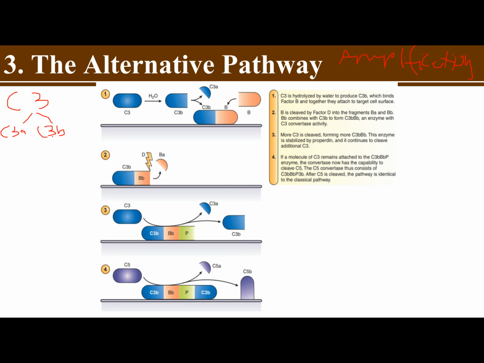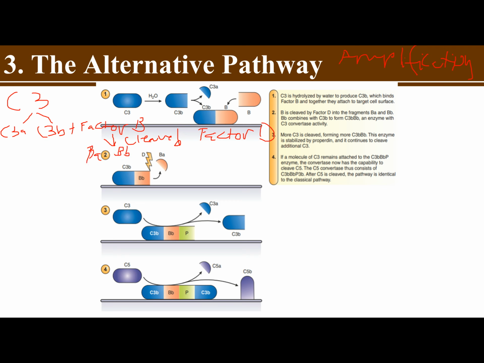Now we don't care about C3A, let's just focus on C3B. Now what happens with C3B, class, is that it would attach to your factor B. When it is attached to your factor B, factor B would now be cleaved by factor D. And again, pag cleave siya, class, it would form your BA, BB.